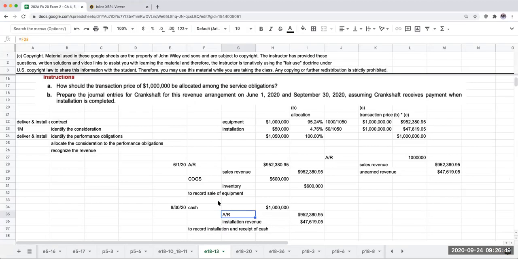If I wanted to break this out between product and installation, similar to Apple's, showing a product revenue and then an installation revenue, well, if I look at this from an overall standpoint of materiality, this 47,000 divided by a million is a little bit less than 5%. Is it material? I would probably want to be showing it separately, or at least having it in the footnote disclosures of the financial statements.